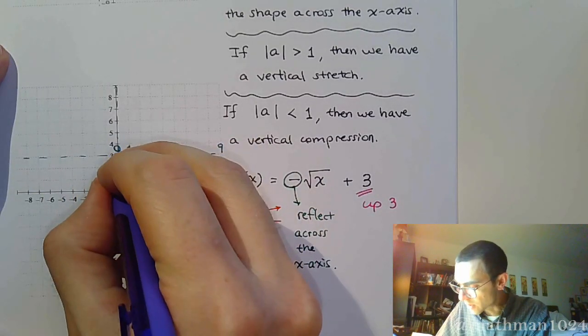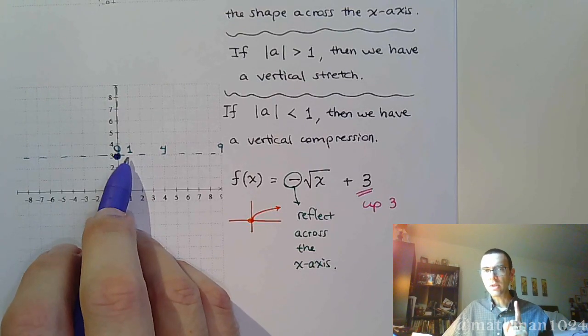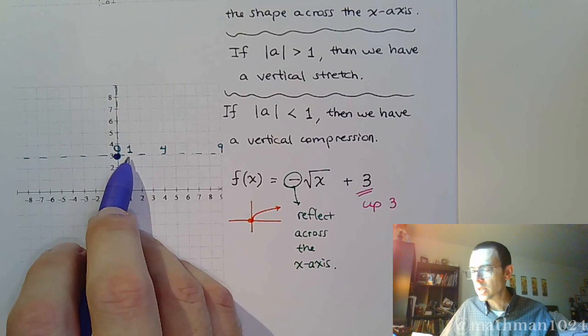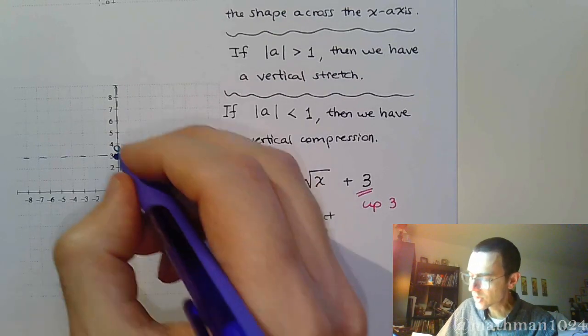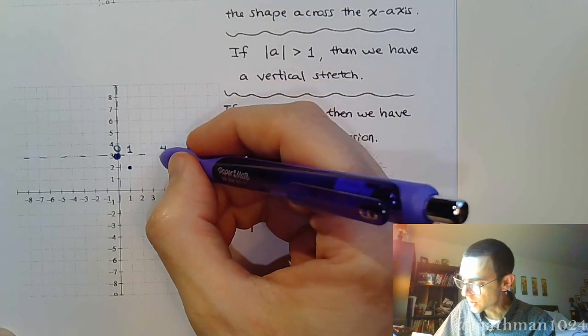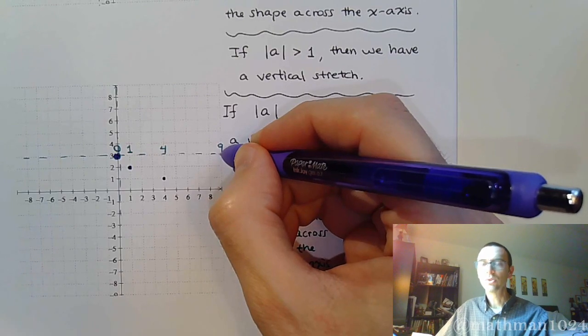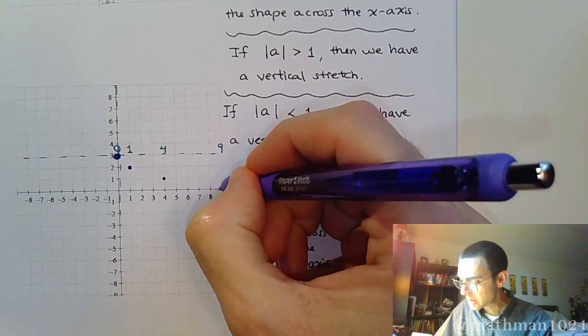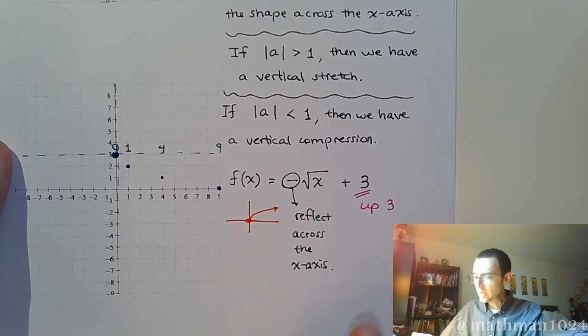So the square root of 0 is 0. The square root of 1, now understand this, is 1. But since you have a negative here, it's going to turn it upside down, so now it's going to be down 1. The square root of 4 is 2, but now it's going to be down 2. And the square root of 9 is 3, but now it's going to be down 3, again, because of the negative.